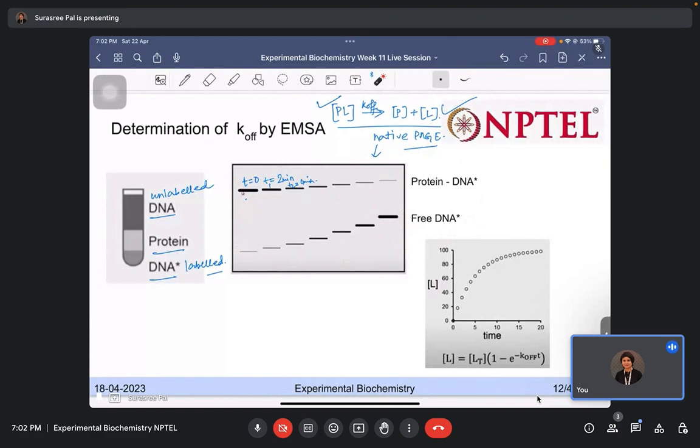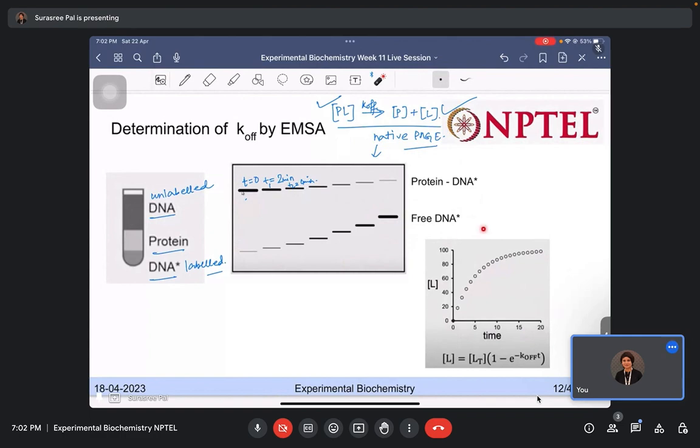And the intensity of the free DNA can be plotted with respect to time, right? We can see that with increase in time, the free ligand concentration is increasing, and after a certain point it becomes saturated, when there is no more free DNA or no more proteins to bind to the DNA, right?